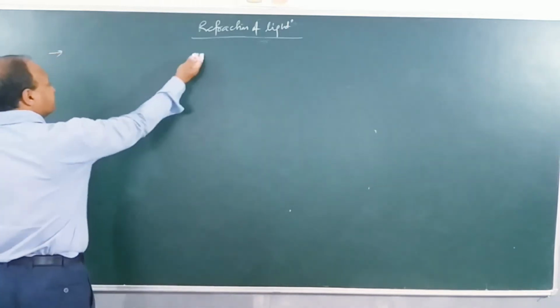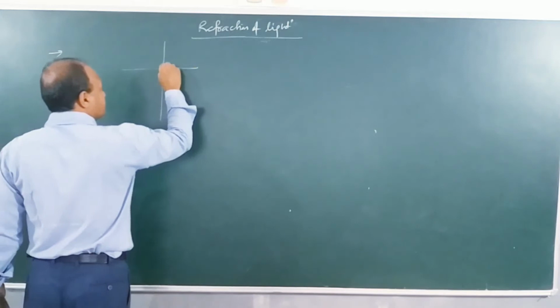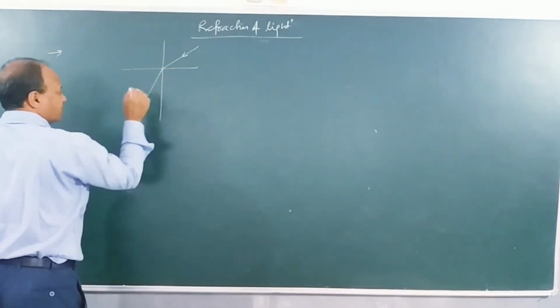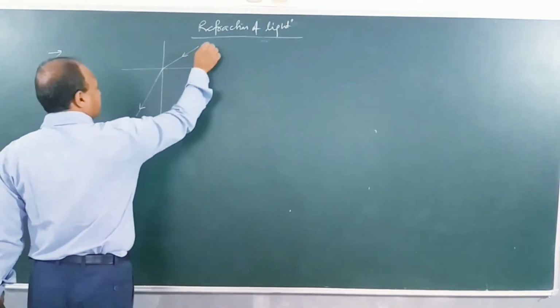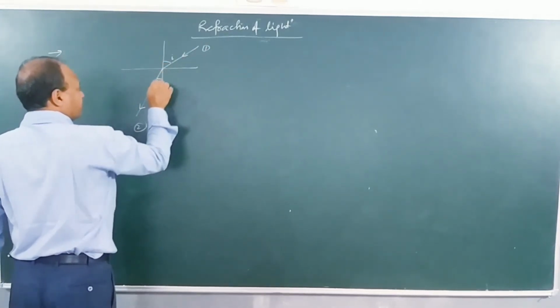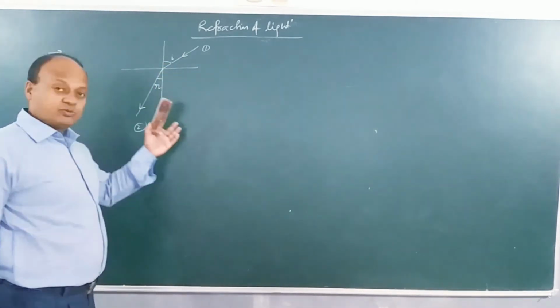Like let's see here. This is the incident ray and this is refracted ray. This is ray 1, ray 2, angle of incidence, angle of refraction. Here the ray is bending towards the normal.